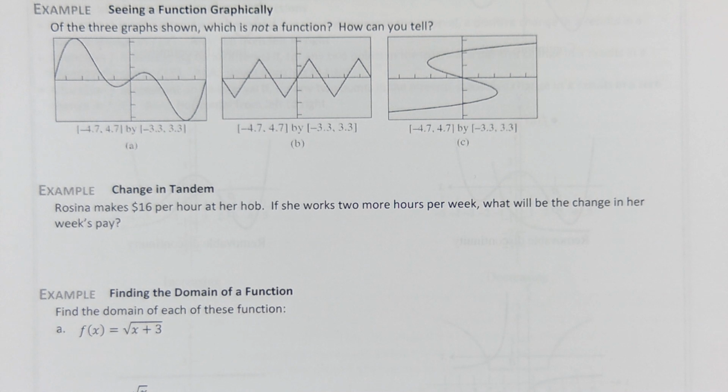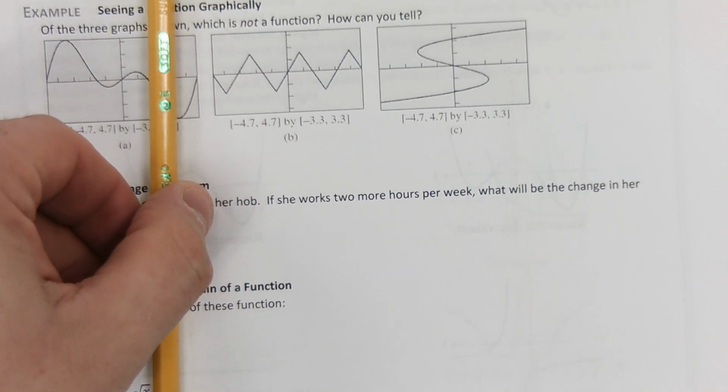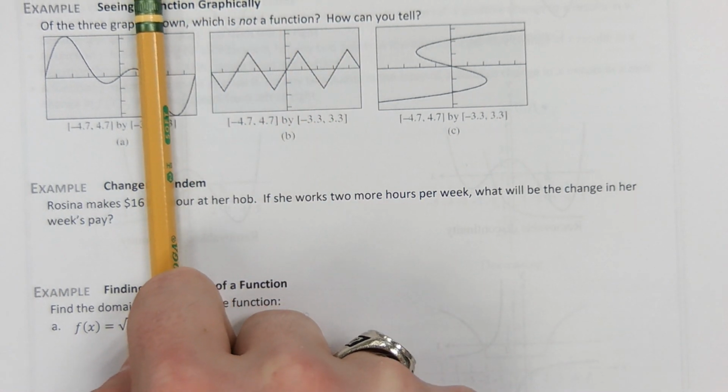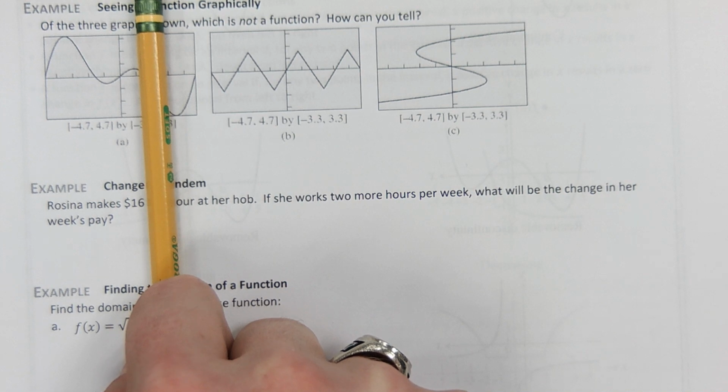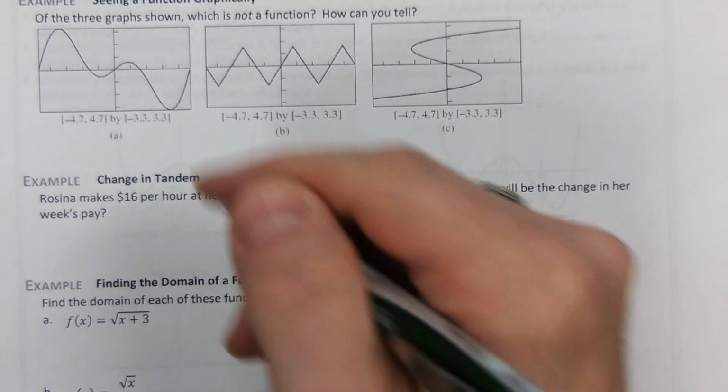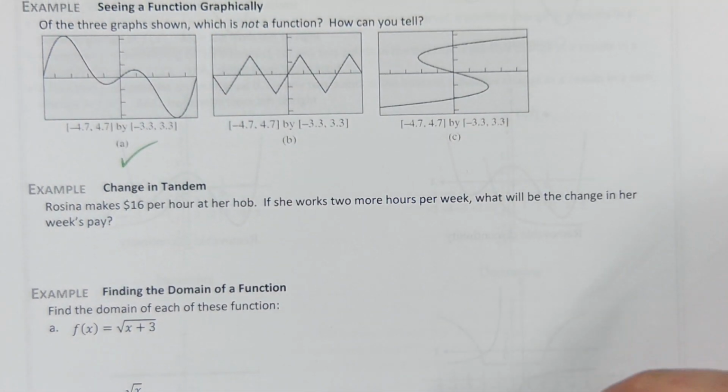One of the ways that we know is it passes the good old vertical line test. And the reason why we use the vertical line test is because if you draw a vertical line, it goes through a single x value, which means for that x, there can only be one y. So because it passes the vertical line test, that is a function.